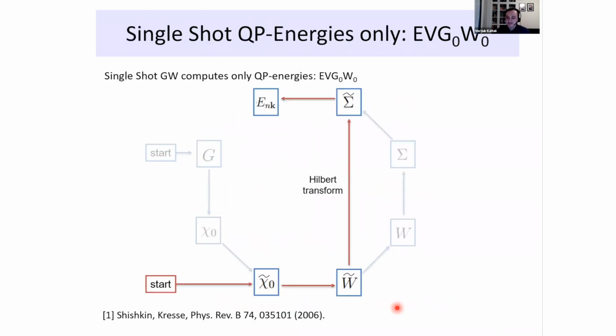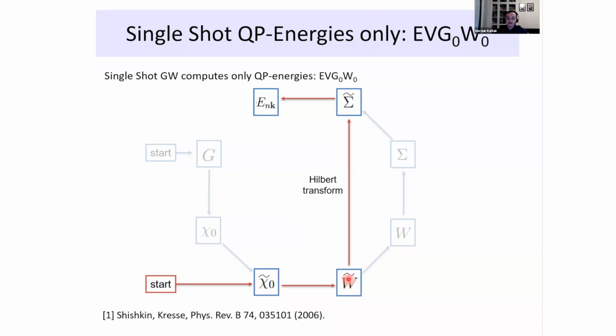Now, the calculation steps for this eigenvalue G0W0 method are depicted on this slide. The idea is you first start with the polarizability and calculate it directly in reciprocal space and frequency domain. Then the Dyson equation for the screened potential is solved.